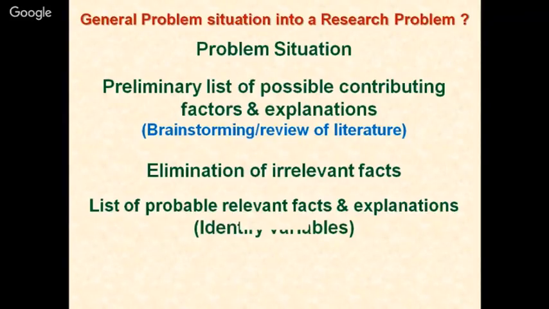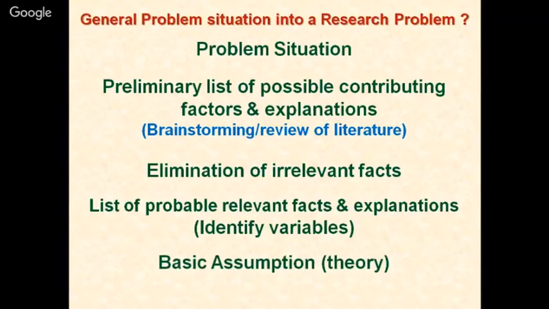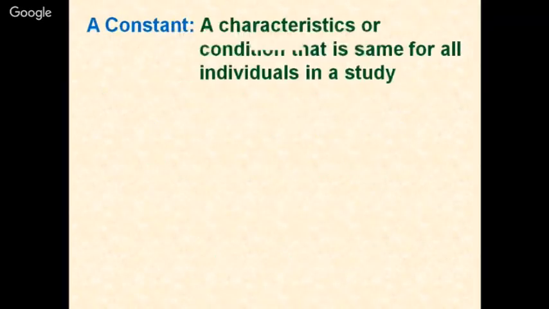That is, you will identify the variables, formulate a basic assumption or theory, and then you will arrive at the specific problem which you are going to solve by employing a research design. So this is how a general problem situation can be converted into a research problem.